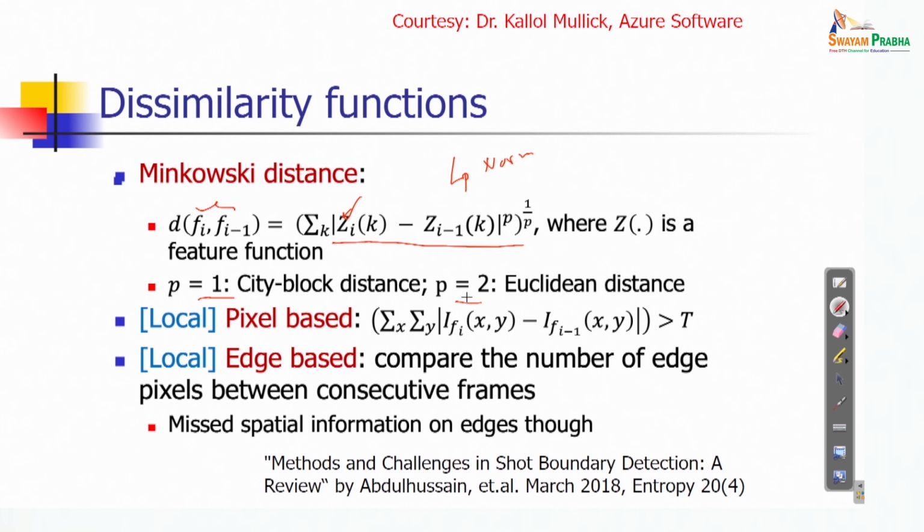In the pixel based approach, for the local features, we simply use the pixel values, the difference of the pixel values in the corresponding frames, and then the sum of those pixel differences.